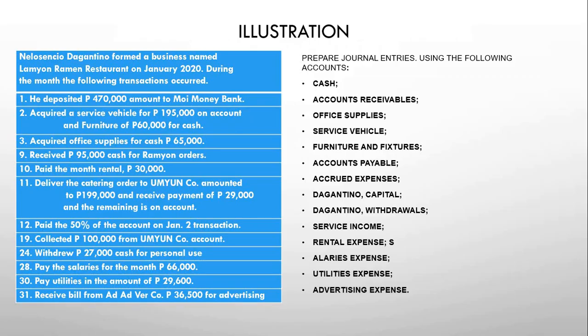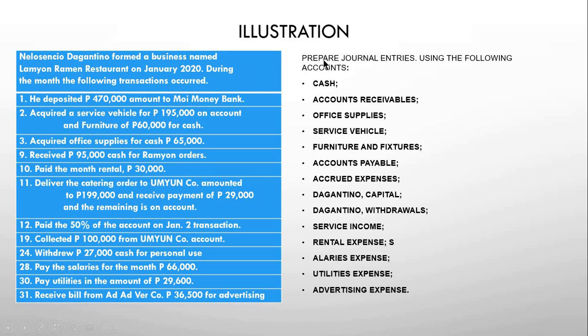Okay, so we have your illustration. Ayan, so we technically have 12 transactions here, no? So this is Dagantino, formed a business named Lamyon Ramen Restaurant on January 2020. During the month of January, the following transactions occurred. So we have transactions here from the different dates of the month. Ayan, that's 12 transactions.